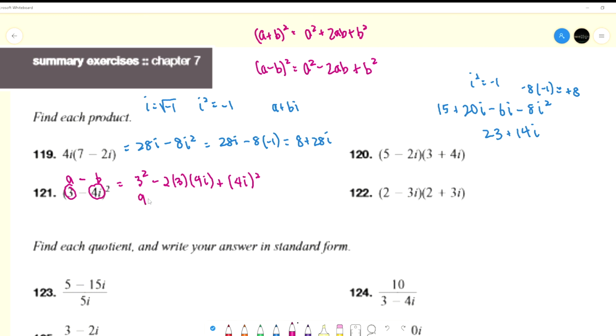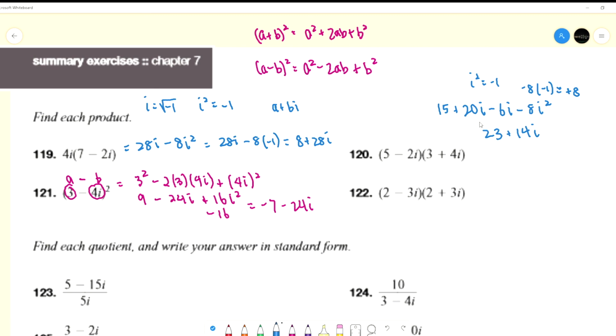So you get 9 minus 24i plus 16i squared, right? And we said i squared would cause this plus 16 to be minus 16, right? So your final answer should say 9 minus 16 is -7 minus 24i.